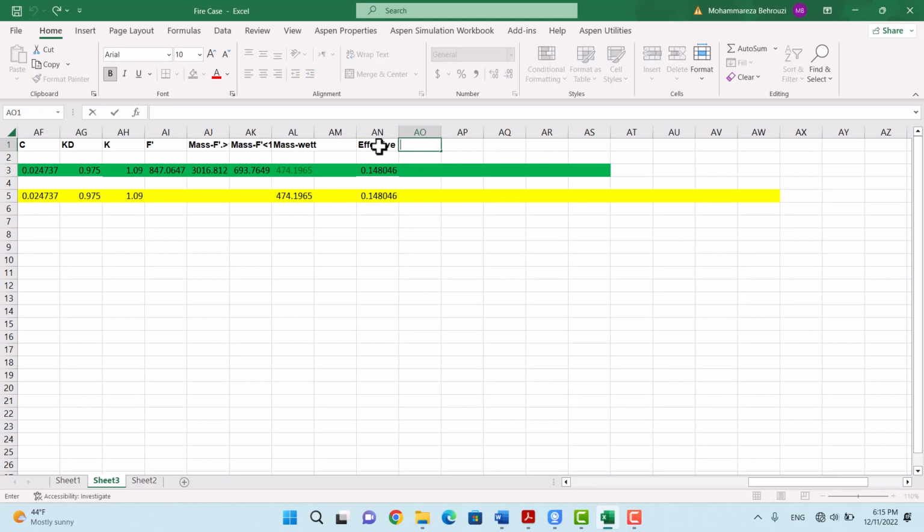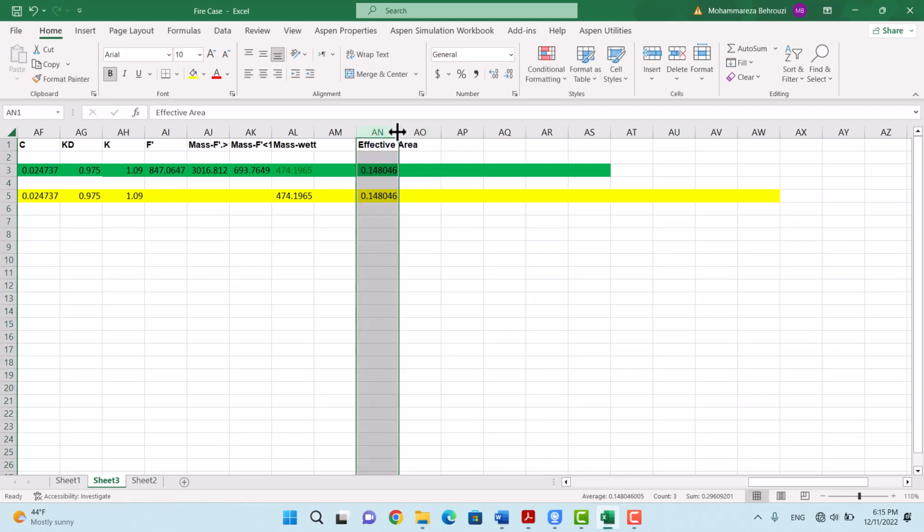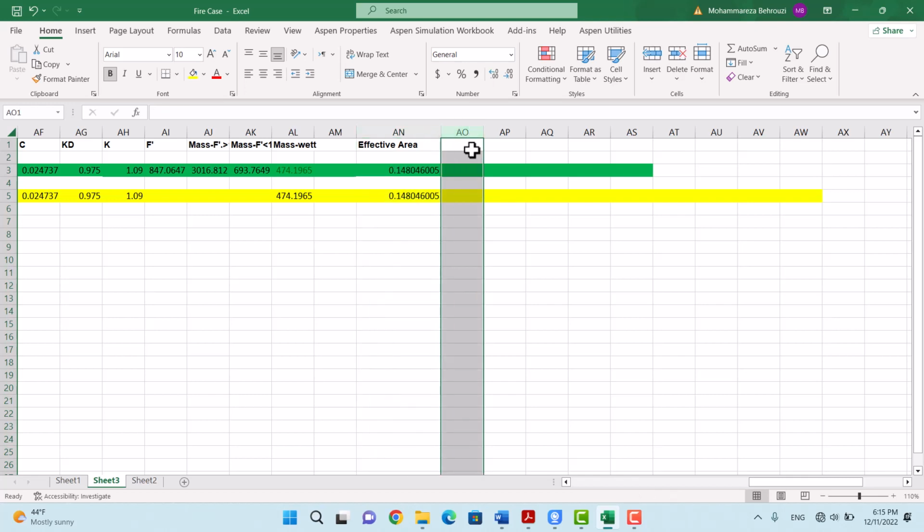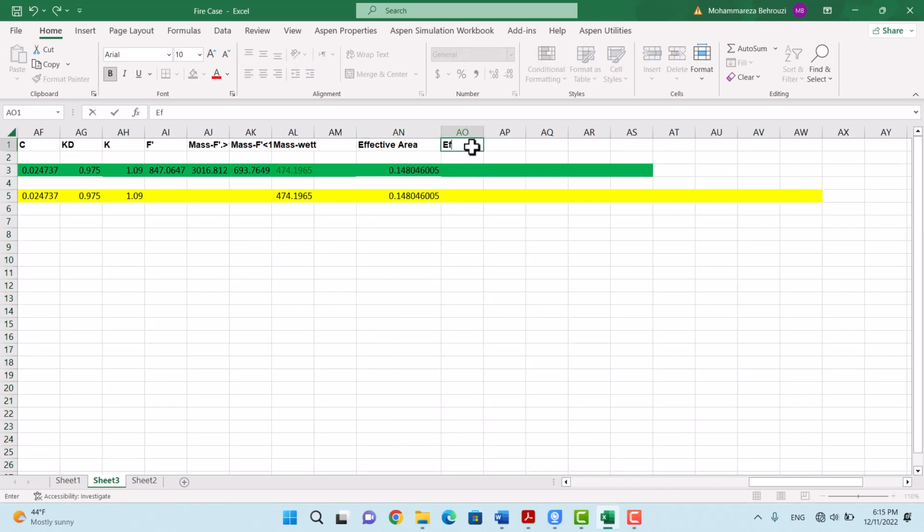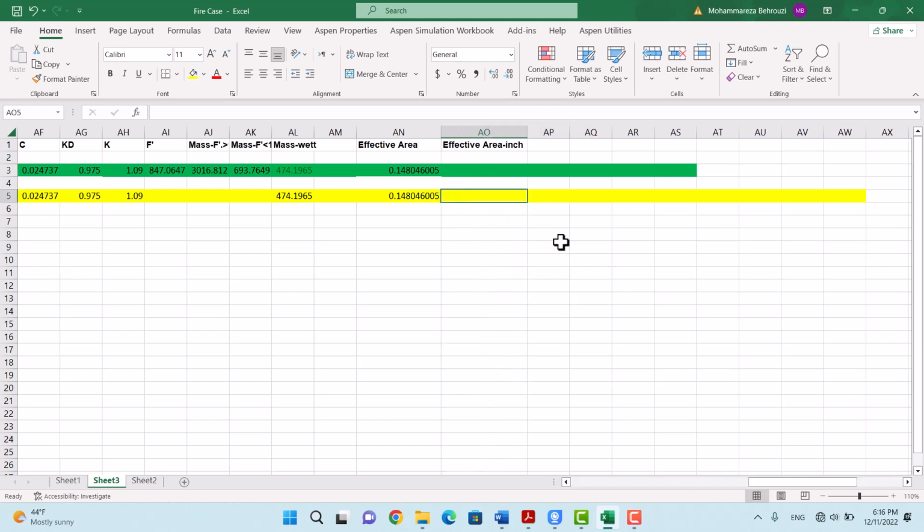So here in millimeter, in inch. To convert it to inch, I have to divide this by the conversion between inch and millimeter.